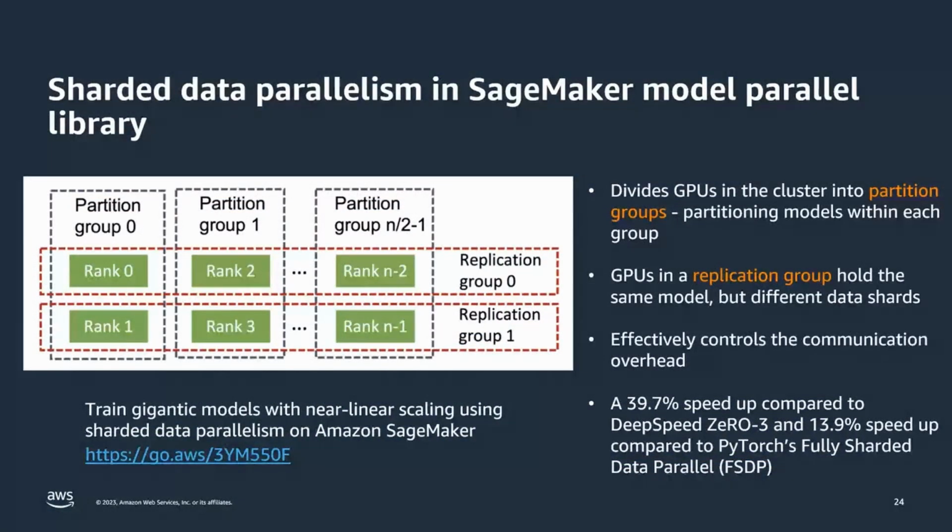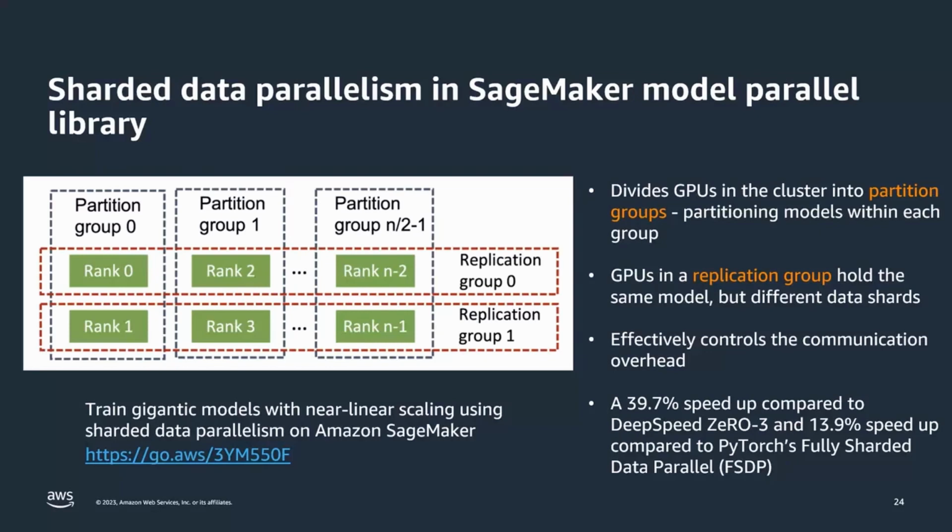And most recently, we also developed a new feature. We call it sharded data parallelism in the SageMaker model parallel library. From the name, you can probably see we mix the data parallelism and the model parallelism together. So you divide the GPUs in the cluster into 2 groups.